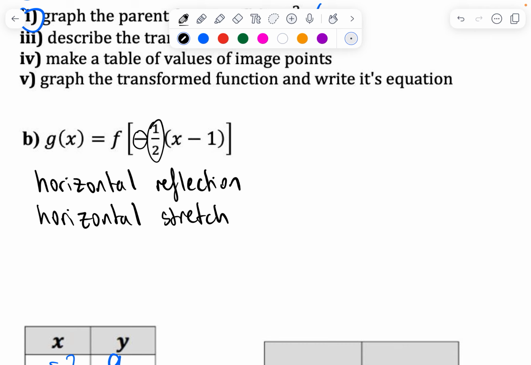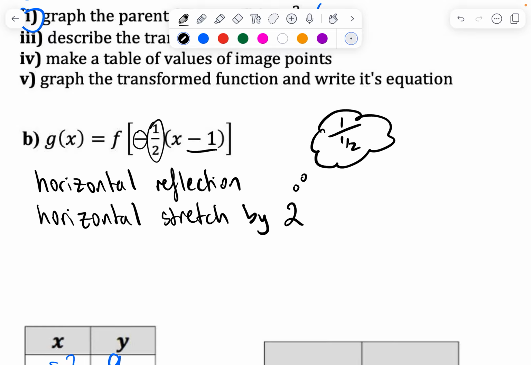So stretch by, and then it's the opposite of a half, so it's by 2. And remember, we can figure this 2 out by thinking of it as 1 over 1/2 on your calculator if you want. Okay? And then the last thing is x minus 1, which means, again, it's horizontal. And it's a translation. 1 right.